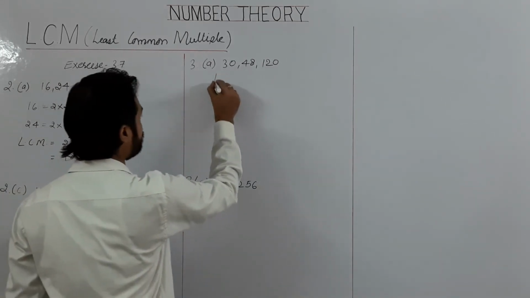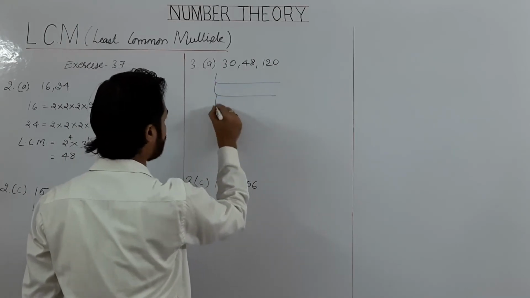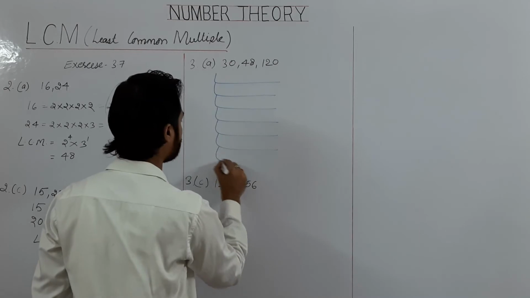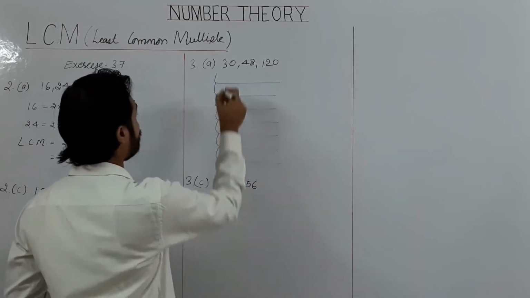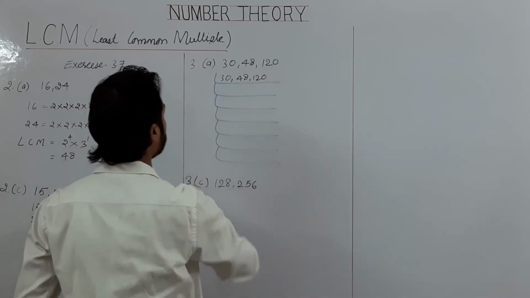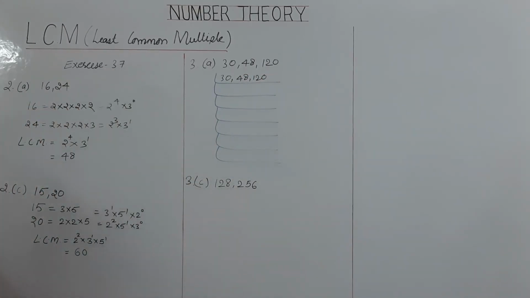For the third question, we are going to use the division method. 30, 48 and 120. In the first step, all three numbers, 30, 48 and 120, are even numbers.